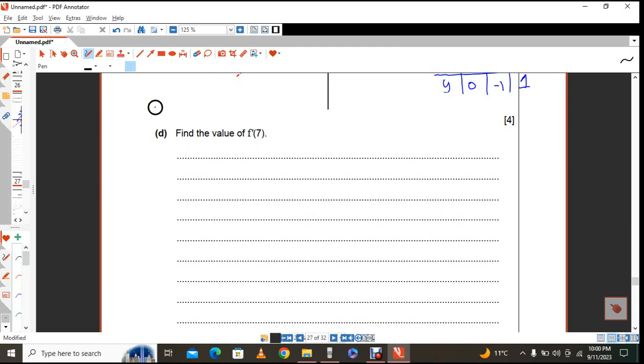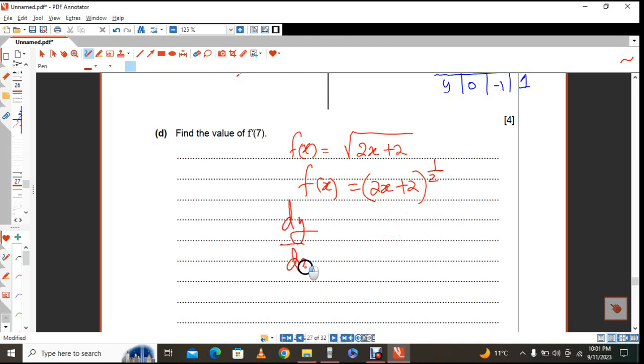We know that our function originally, f of x, is nothing but the root of 2x plus 2, which I can actually write as (2x plus 2) all raised to the power of 1 over 2. So if I find the first derivative, I'll let this equal y, so dy/dx.